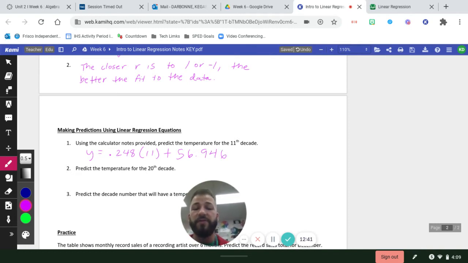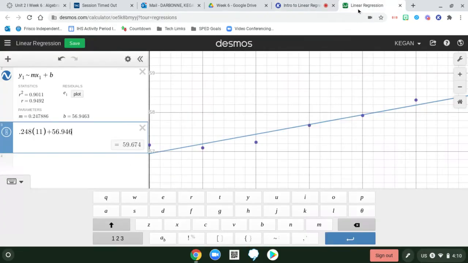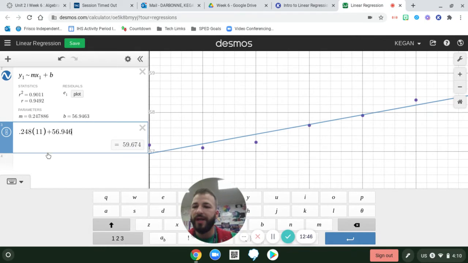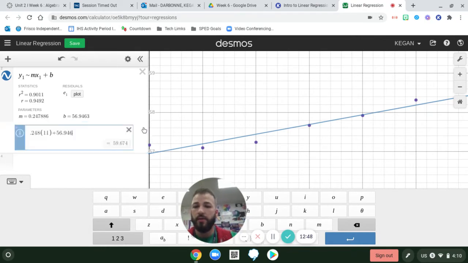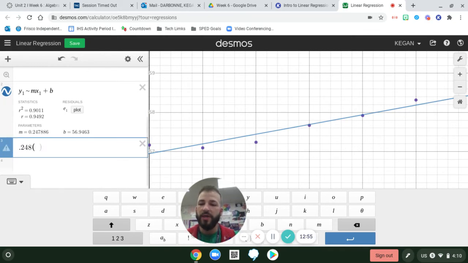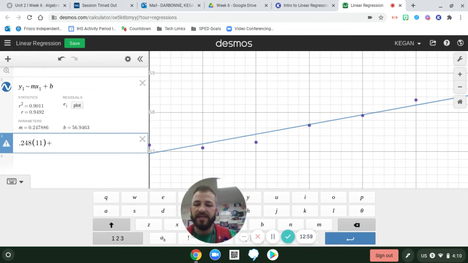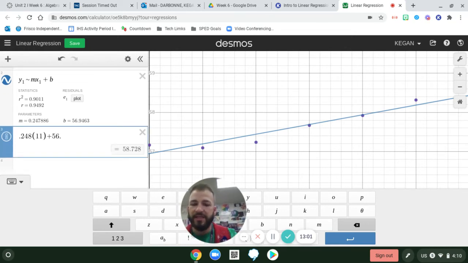I'm going to show you a couple different ways to do that. We can type it into our Desmos calculator, right underneath. Adding this in, 0.248, just like we wrote it, times 11 plus 56.946. See how it gives you the equal sign?